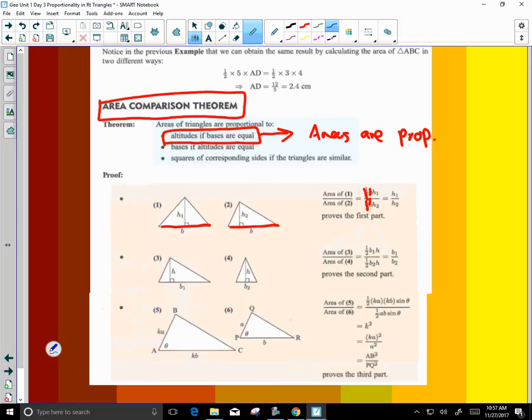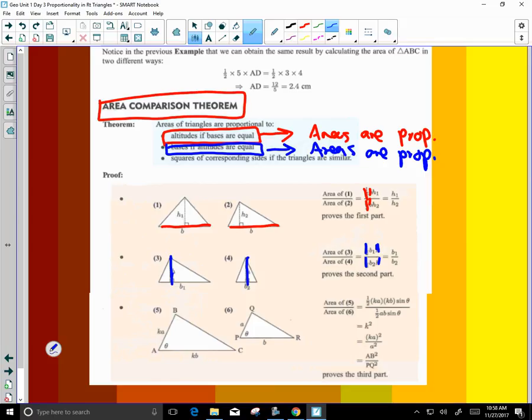Okay, let's see if that works for heights. Here's height, but the bases are different. So it's 1/2 base 1 times height, 1/2 base 2 times height is that area. Well, of course, the 1/2s and the h's cancel, and you get b1 over b2. So the areas will be proportional if you have equal heights.